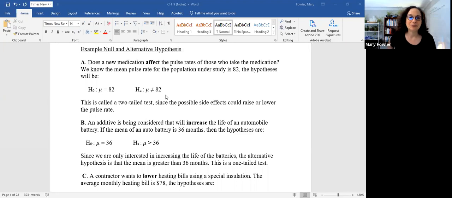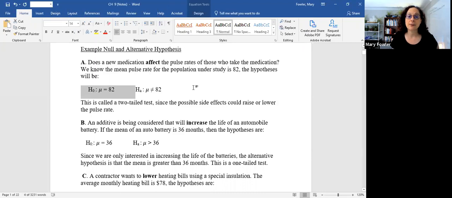All right, so in the first case, we are interested in answering the question, does a new medication affect the pulse rates of those who take the medication? We know that the mean pulse rate for the population under study is 82. So the null hypothesis is that it does not have an effect, that the mean of the population is 82.